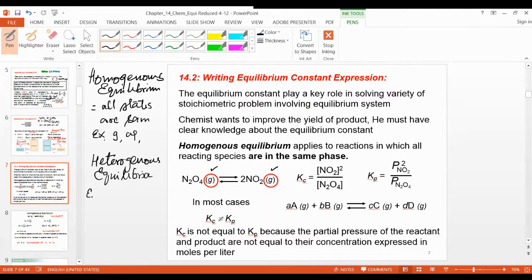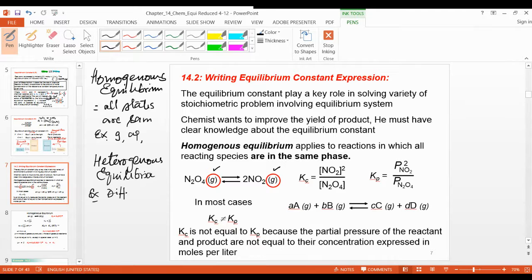In which you have different states. Actually, I will write here, because if I write like this, you will be confused. Homogeneous is either all gas or all aqueous or liquid, whatever, all the same, no liquid and gas all together.